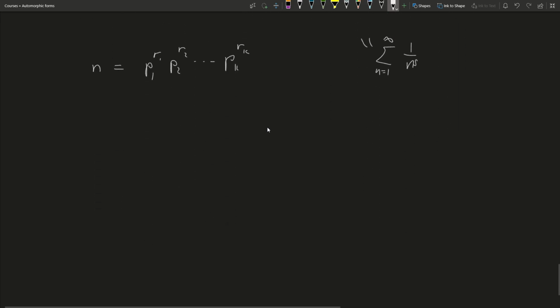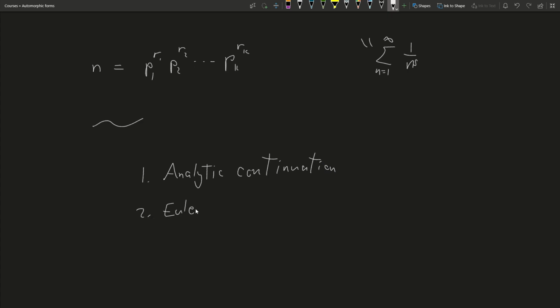And so the three main things that the Riemann zeta function has: one, you have analytic continuation. Two, you have an Euler product. And three, you have a functional equation.